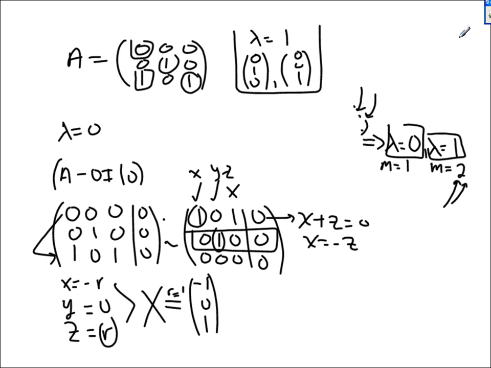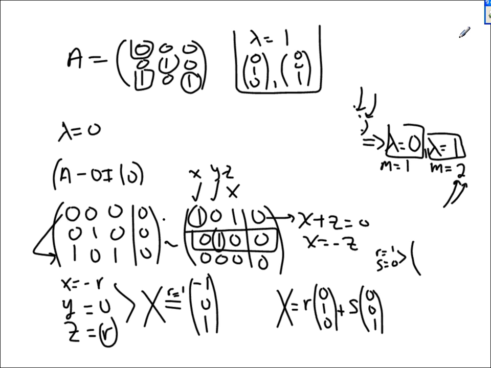Now, a few moments ago, I had that X was equal to r times 0, 1, 0 plus s times 0, 0, 1. Well, if s is 0 and r is 1, this cancels out, and 1 times 0, 1, 0 is that.